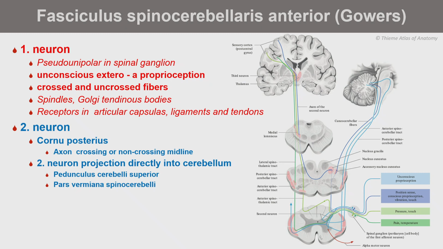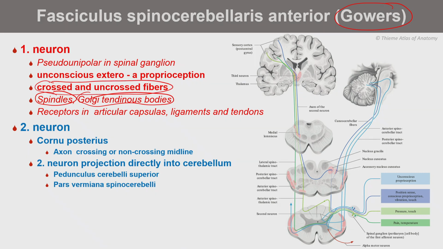Fasciculus spinocerebellaris, we have 2. One is anterior, called Gowers. The anterior is using muscular spindles and Golgi tendinous bodies, and also receptors in capsules of articulations and also ligaments and tendons, and they have crossed and uncrossed fibers.